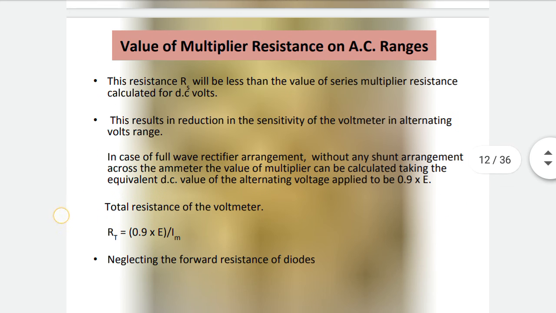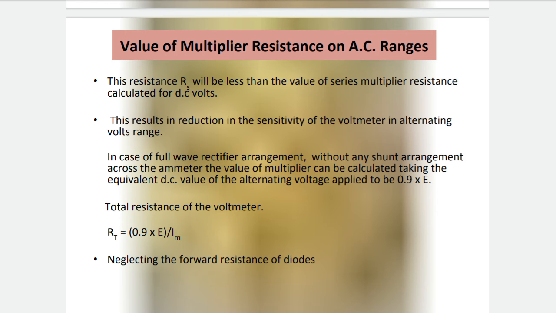Now this series resistance will be less than the value of the series multiplier resistance calculated for DC volts. This results in a reduction in the sensitivity of the voltmeter in the alternating volts range.